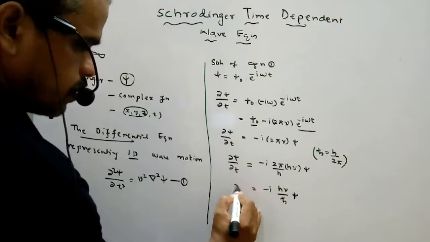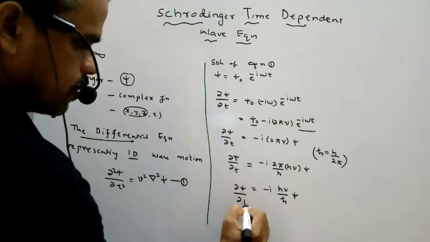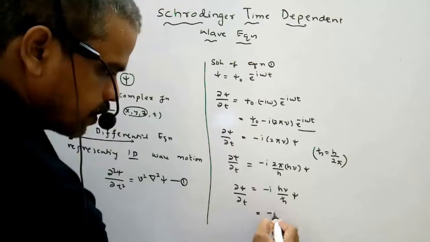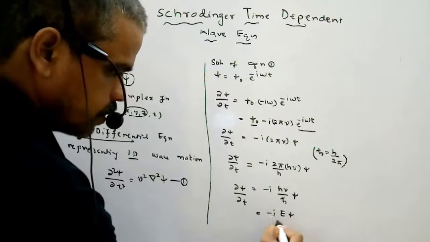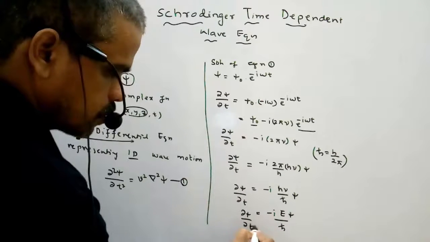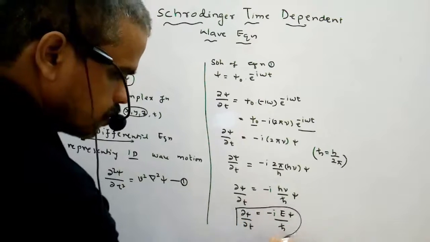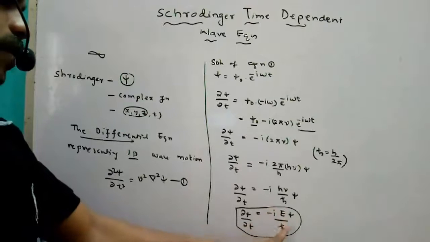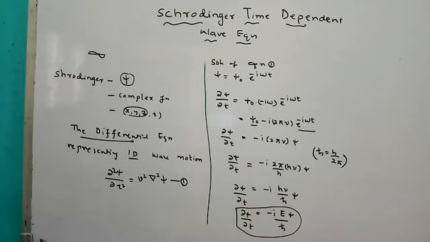Here minus i E psi by h cut equals dou psi by dou t. So now we got dou psi by dou t equal to minus i E by h cut into psi.